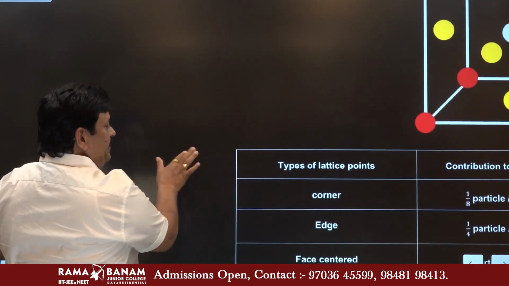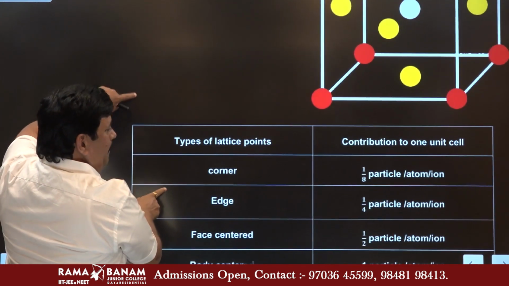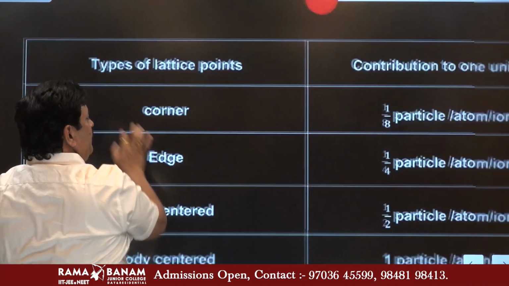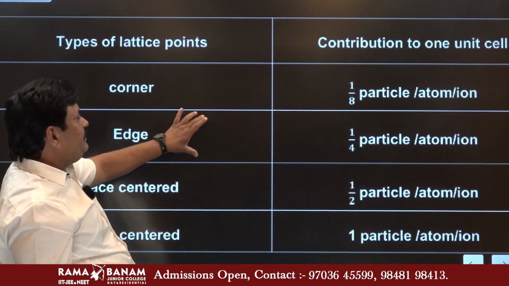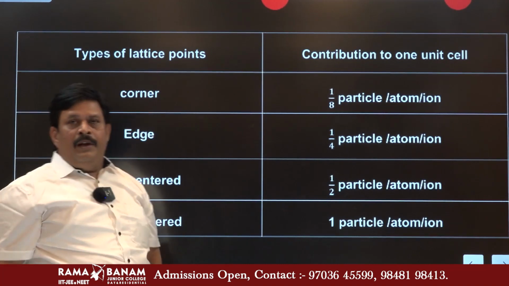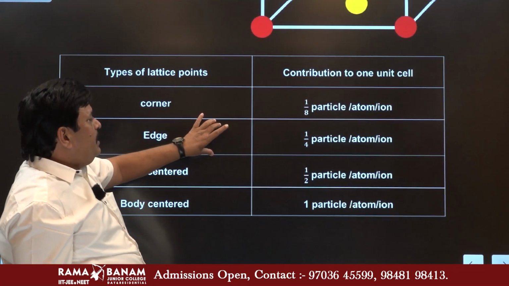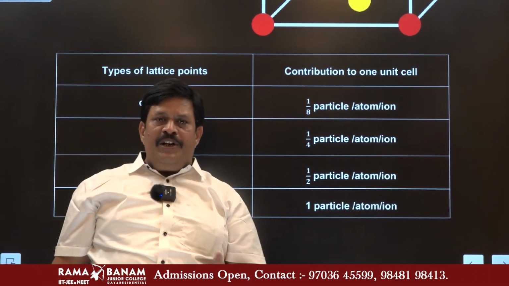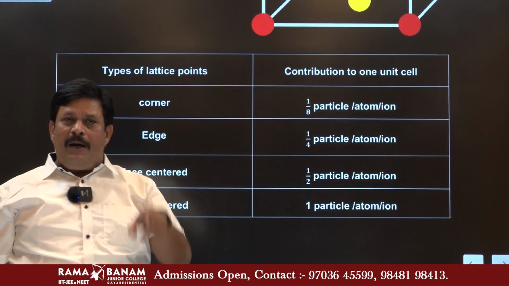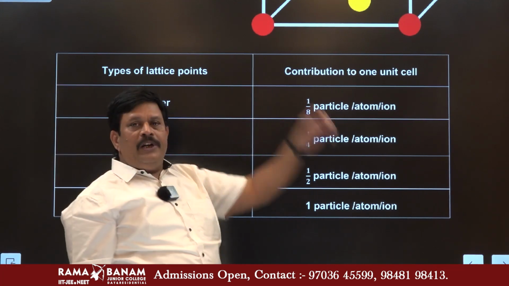See this. See the corner particle. The corner particle is shared by a total of 8 unit cells. So, for one unit cell, the contribution of that particle is 1 by 8 only.